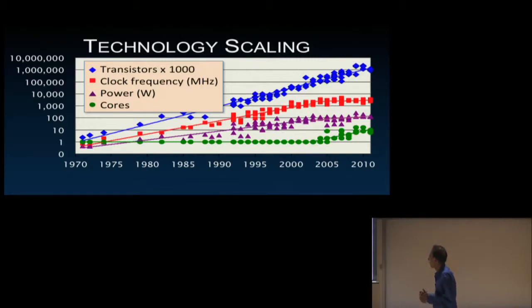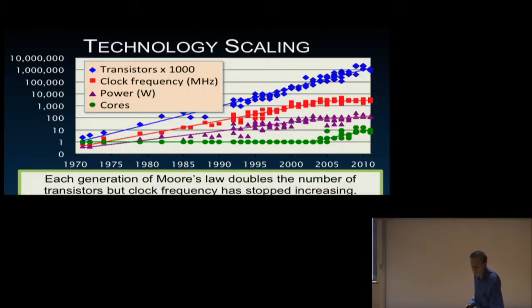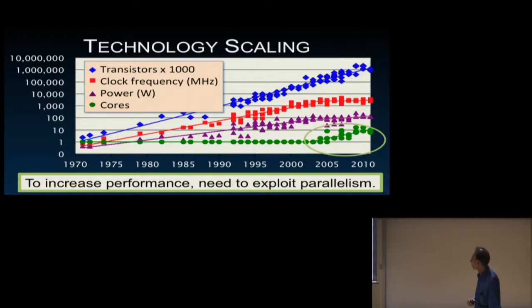So that essentially meant that the clock frequency of processors that you could buy from Intel stopped at around 3 gigahertz or so. And because clock frequency stopped increasing, you had to increase the number of cores. You had to increase parallelism on the chip in order to use the transistors. So parallelism became more important.